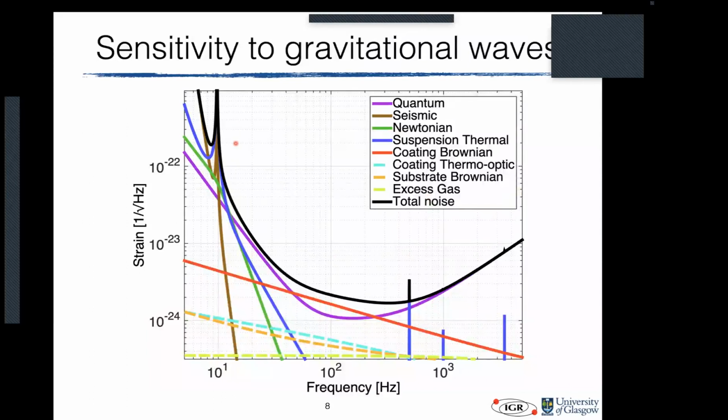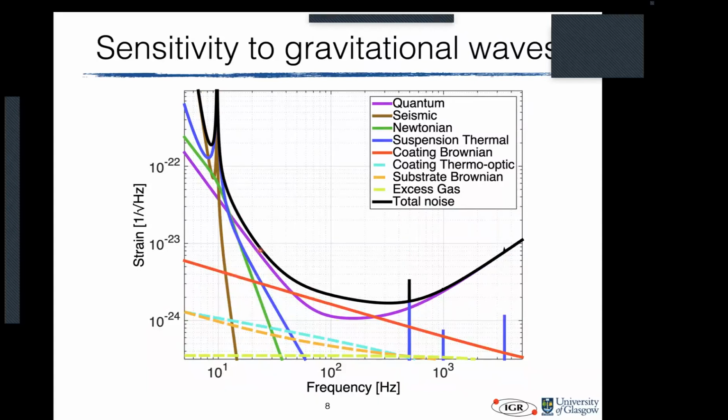Just very briefly, I don't want to talk too much about this, but I just want to show you the theoretical noise curve of a gravitational wave detector, one of the LIGO detectors. The black curve is basically the estimated sensitivity from all the known sources of noise. The modeled sources of noise are all these colorful lines underneath.